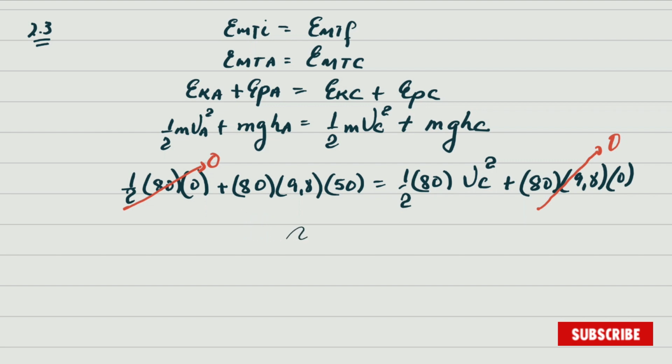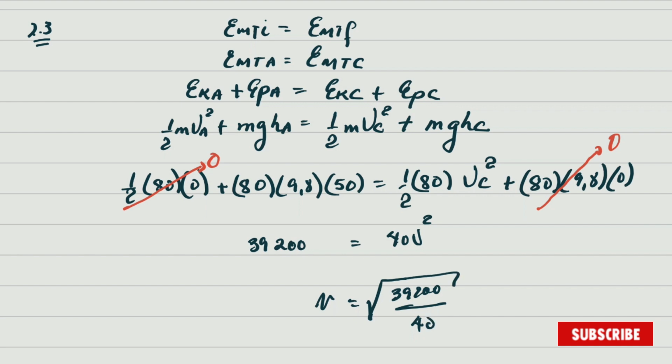So here you will have that this product there will be 39,200, and this is equal to 40 v squared. Guys, this is simple math. V must be equal to the square root of 39,200 divided by 40, and that will give you the final speed, or the speed at C, which is the question. This is speed at C.